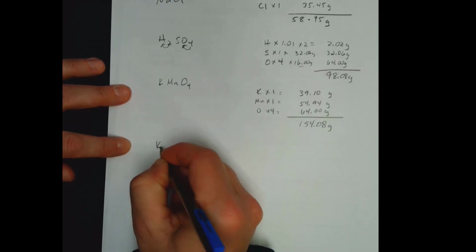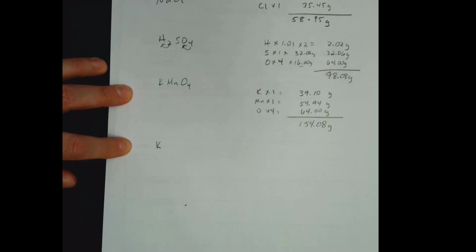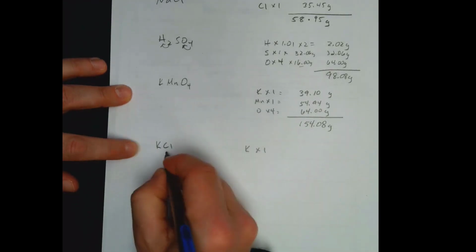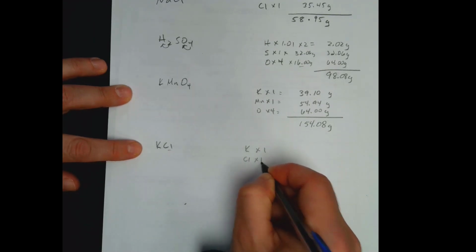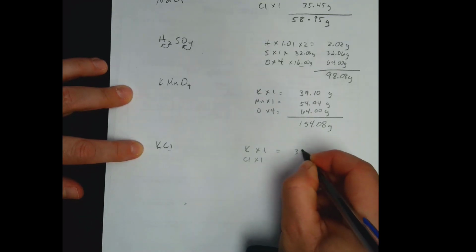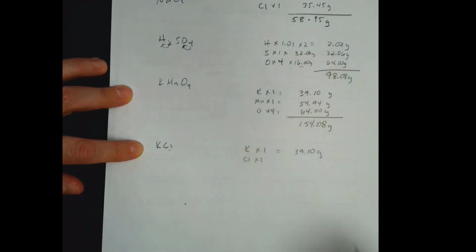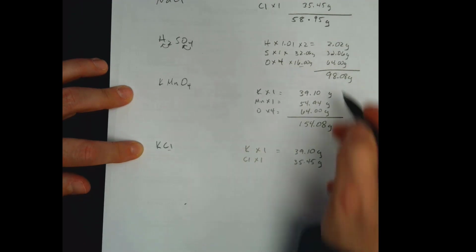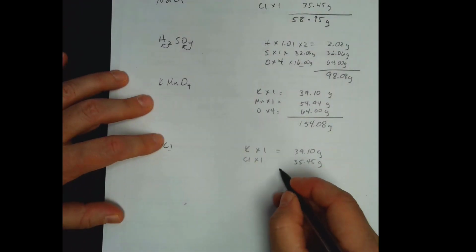Here it is, KCl, which means I have a potassium and a chlorine. My atomic mass of potassium is 39.10 grams, and my chlorine is 35.45 grams. And I can just look at my previous problems if I want to get those numbers.